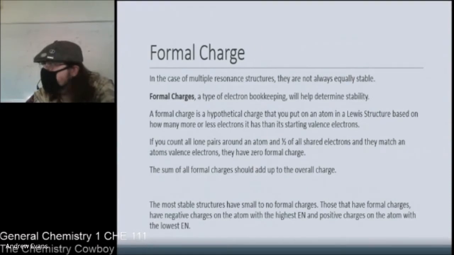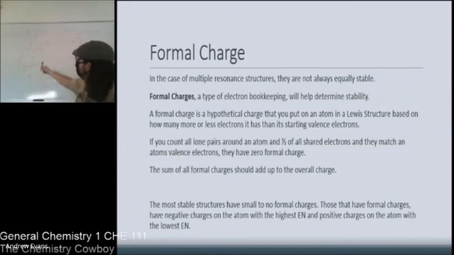Let's look at our ammonium example up top. In ammonium, we're looking at nitrogen in the center with an octet. Nitrogen typically has 5 valence electrons. It is making 4 bonds, so it shows 4 electrons around it.